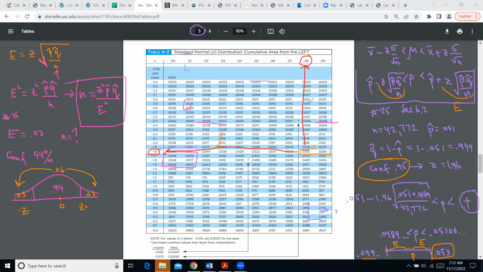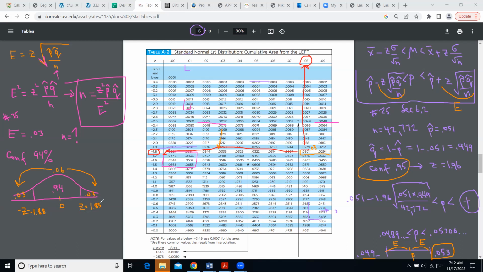Notice the z-score is not in the tables and not in that little chart because we don't have such a value as 94% in it. It's an unusual value. So minus 1.8, and then the column gives me another 0.08. So 1.88, the other is plus 1.88.